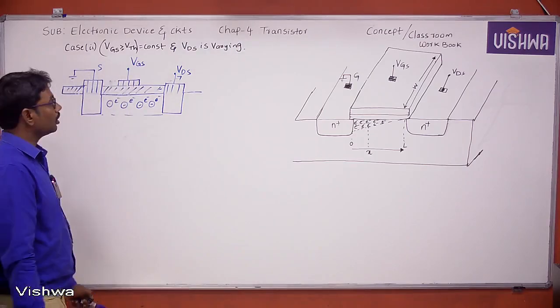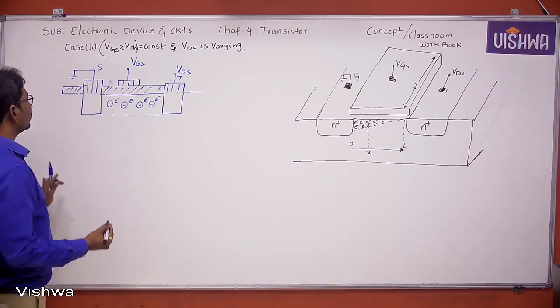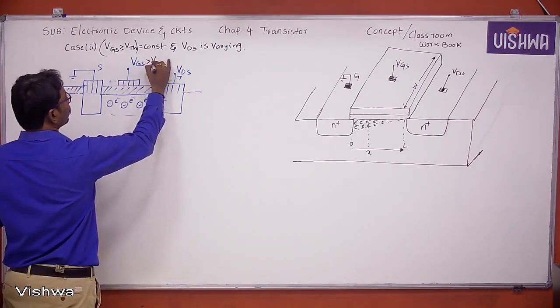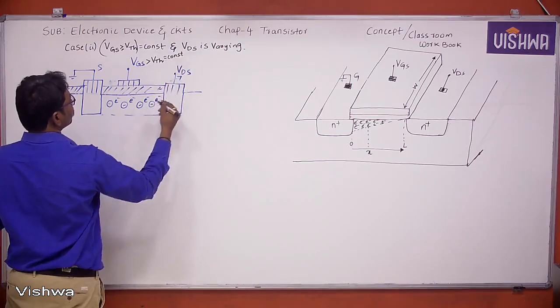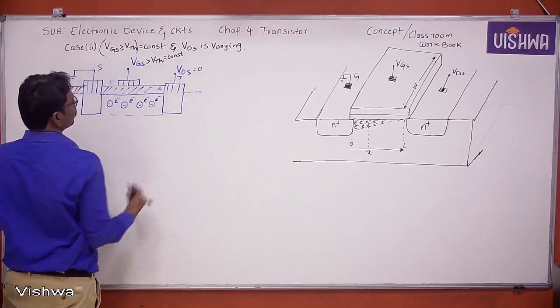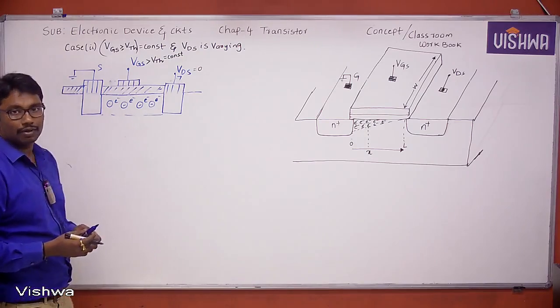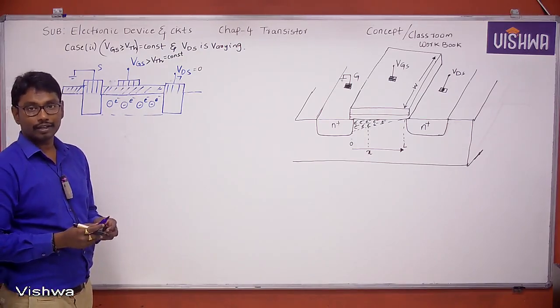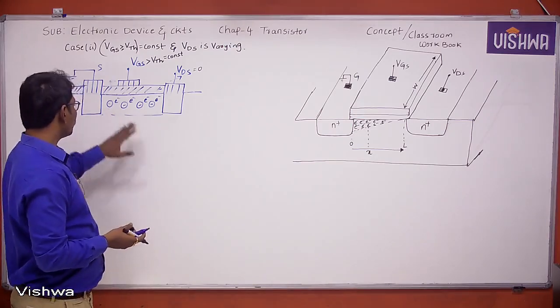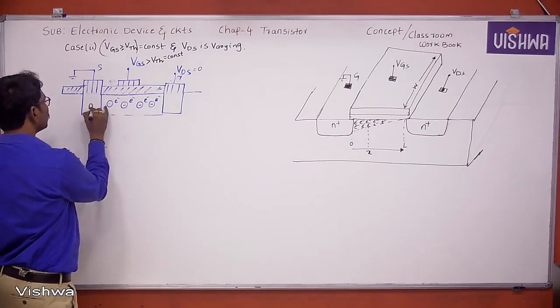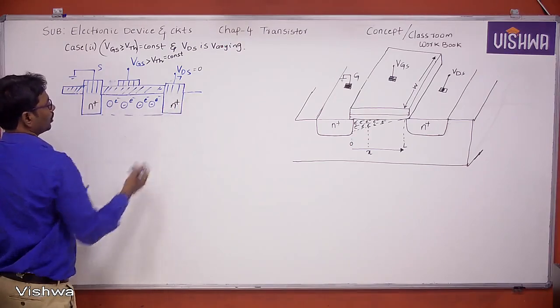First listen. Here we are keeping VGS constant and VDS is varying. Take VDS equal to 0, for example. When VDS equals 0, what about the current IDS? The current IDS is also 0, because there is no movement of charge carriers from source to drain.